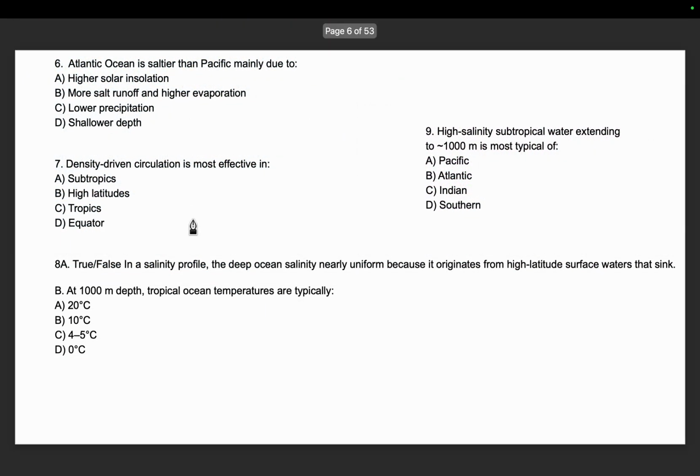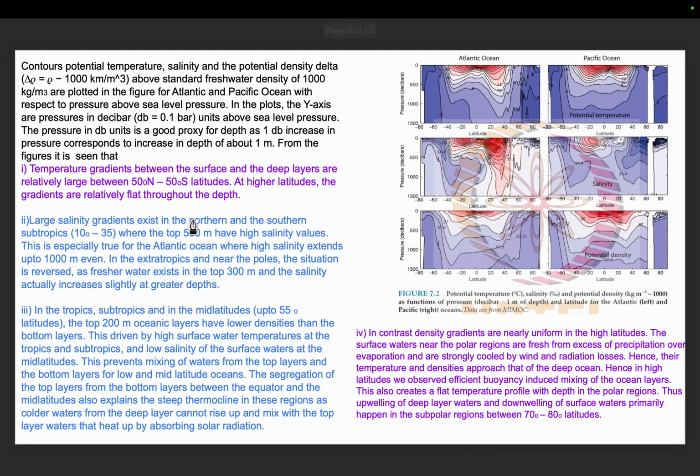Now in this oceanic circulation, we have seen the plot of the potential temperature, salinity and the potential density as a function of pressure and latitude.